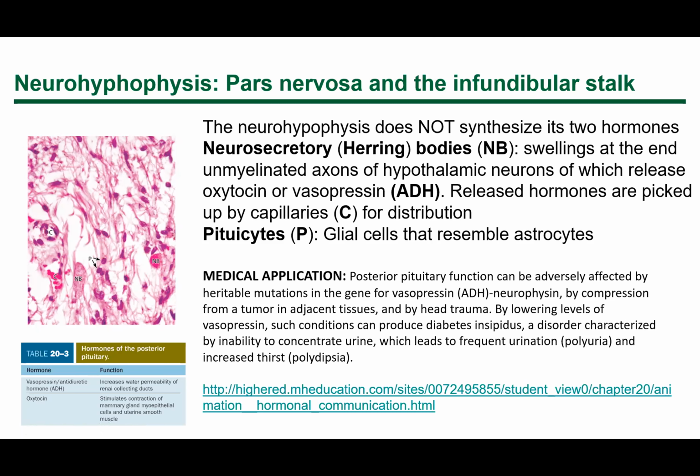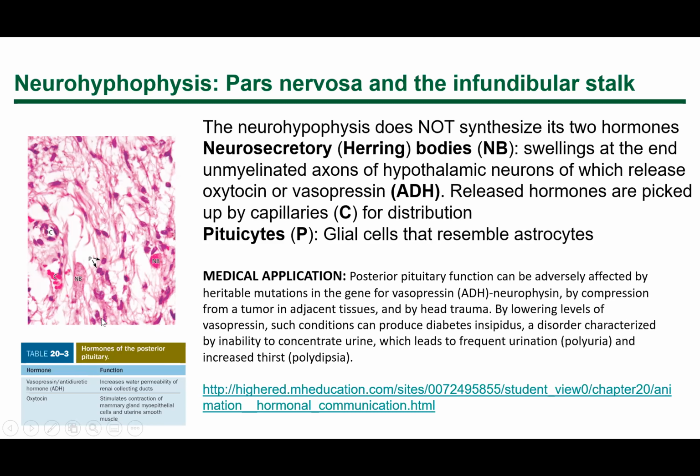So posterior pituitary function is critical. One of the functional differences that the structural difference imposes, so that it's structurally dissimilar from the adenohypophysis, one of the functional consequences for that is that you can send an action potential and release antidiuretic hormone and or oxytocin very rapidly.